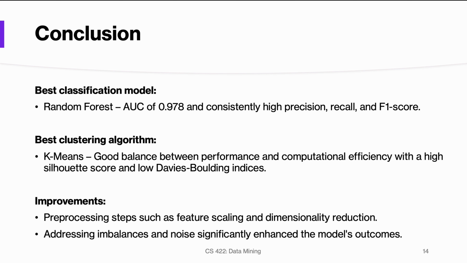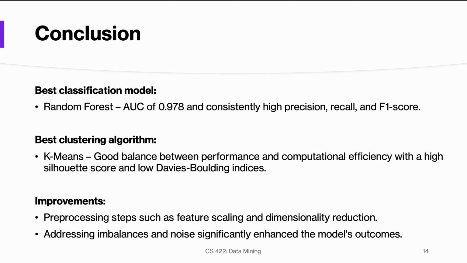So in conclusion, we say that the random forest has the best classification performance in predicting book purchases, and K-means was the most effective clustering algorithm for grouping the OSA patients.